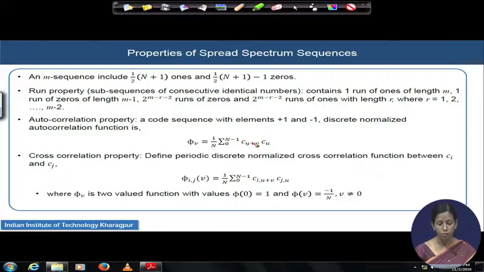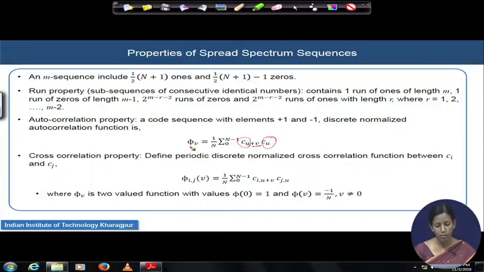So, the autocorrelation involves c(u) times c(u plus nu). You take the original sequence and delay it by an amount nu, multiply, and average over the number of samples of the observation, where capital N is at least equal to the length of the sequence, to get the autocorrelation function with delay value nu.